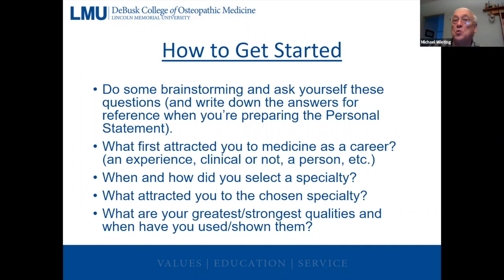That's fine, but you want to make sure that the programs that you're sending applications to are located in urban areas, and vice versa. You may say that you want to be in a large program with many or comprehensive opportunities for subspecialty education and rotations and all that kind of stuff. You may want a program that's very highly structured.